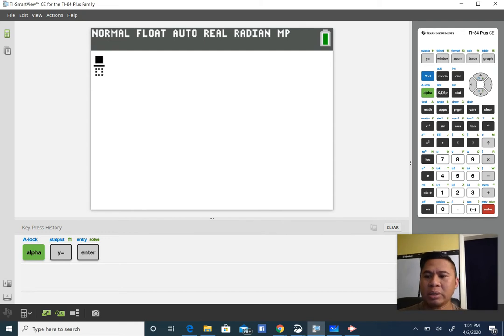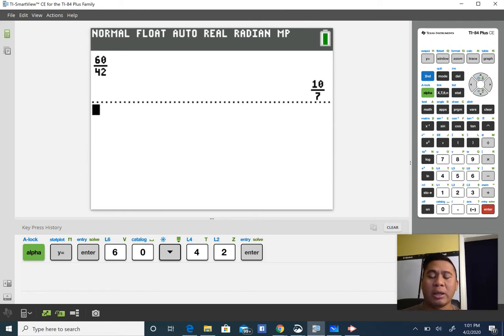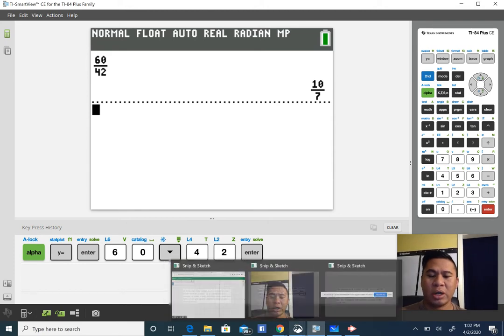Then type in 60, press down to put 42 in there, and see what we get. That's 10 over 7. Again, I'm not dividing 600,000 by 420,000. I am simply expressing its simplified fraction because I want to get a correct and exact answer. So again, that's 10 over 7.